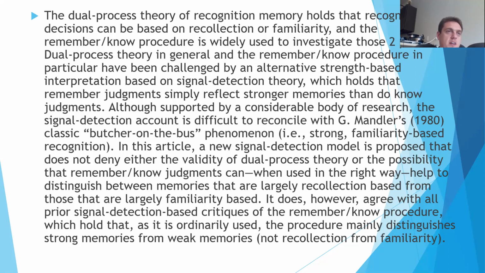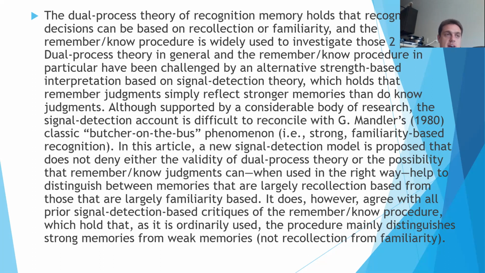Just because I brought it up, this is not something you have to worry about terribly, but this particular thing they're proposing, this model, is trying to merge these two fields of research, this idea that recognition is two processes, or it's just weaker and stronger processes, right?